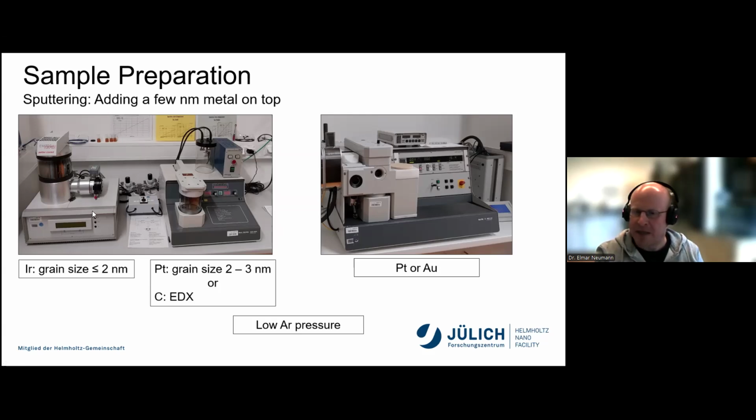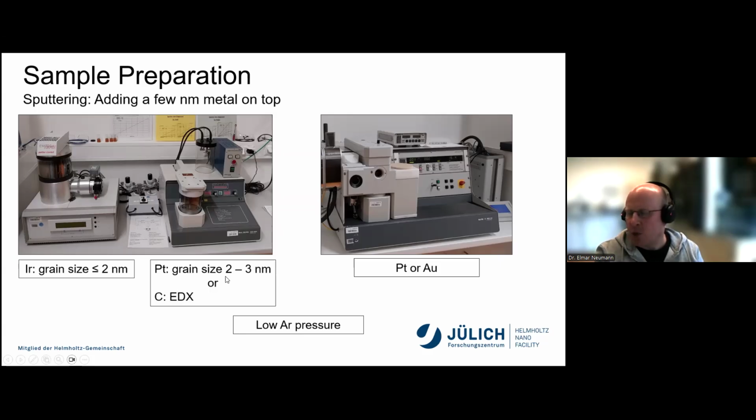Very popular is gold in most cases, but we don't use this here because the grain size of the individual metallic layer plays some role if you want to observe a finer structure. Gold has, for example, a grain size from 8 to 12 nanometers.